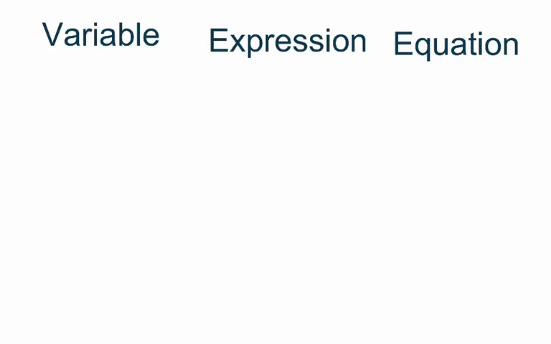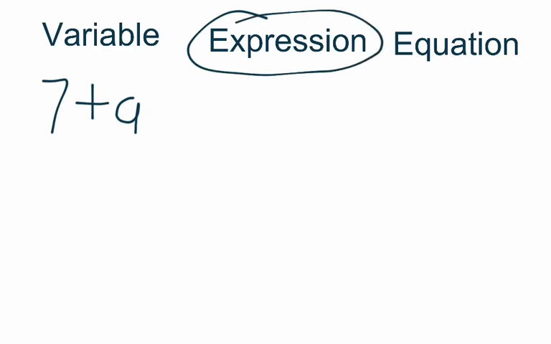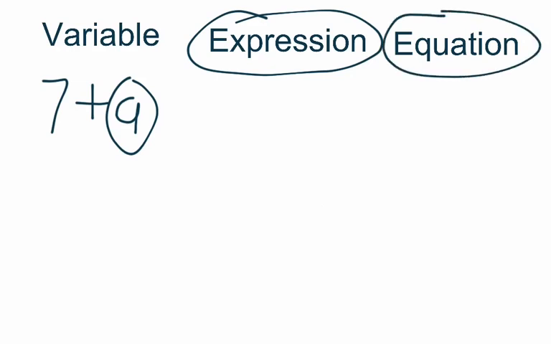So when we see a variable like 7 plus a, when it's an expression, we have to be told what a is to figure it out. There's nothing that we can solve. When it's an equation, we can solve it because it would say this: 7 plus a equals 12.